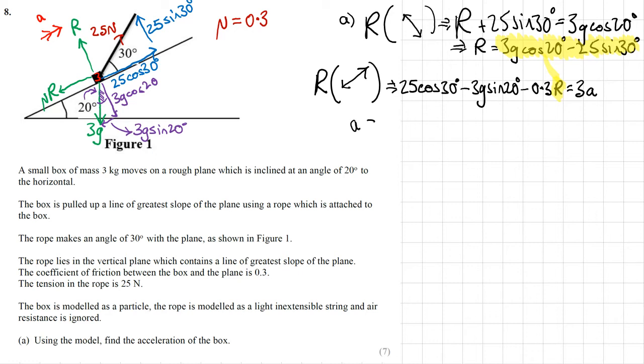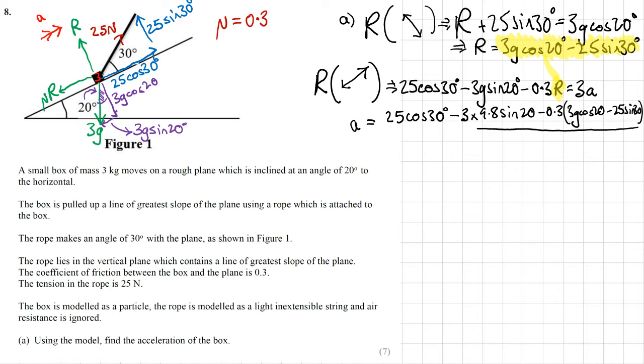So A is equal to 25 cos 30 minus 3g, that's 3 times 9.8 sine 20, minus 0.3 times R, so that's the 3g cos 20, I'll run out of space here, minus 25 sine 30. Then all of that we want to divide by 3, or I could just put a third in front. So let's do all of that on my calculator and see what I get.